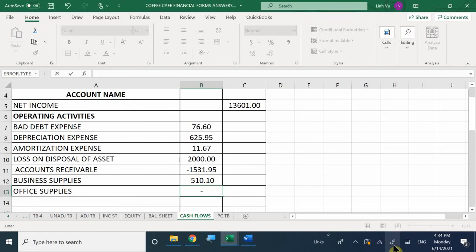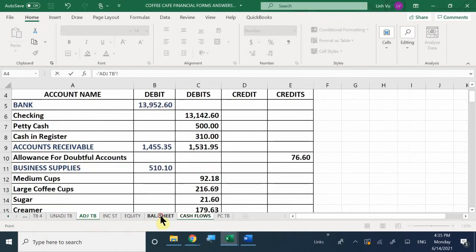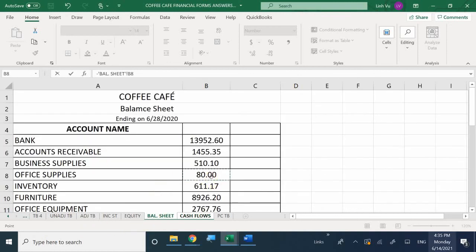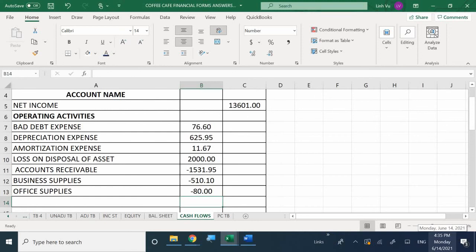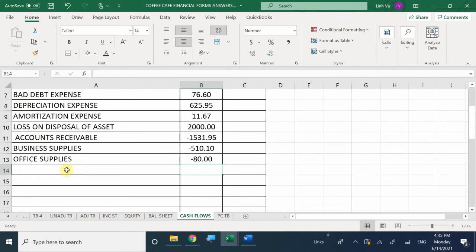You can convert it into cash by giving it back to the store, but in this case, with office supplies, you probably opened them. So my office supplies is something that I've already spent the cash for and traded for an asset. So this is money I don't have. Going back to my balance sheet, again, $80 is something I don't have. Okay.